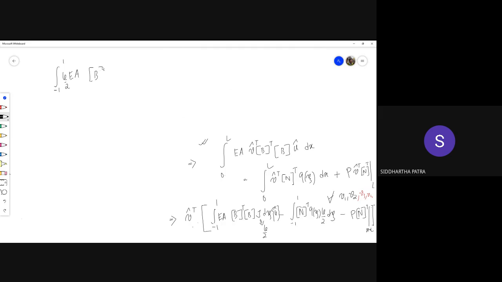Then we had the expression for B's, right? So can you do this integration? Of course, E times A times le divided by 2 comes out of the integration.